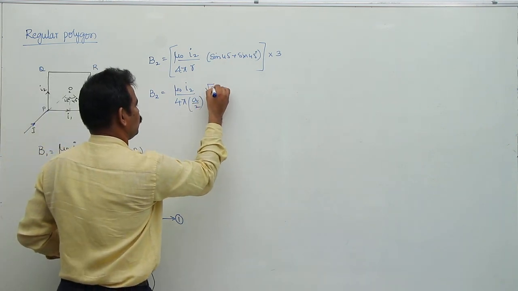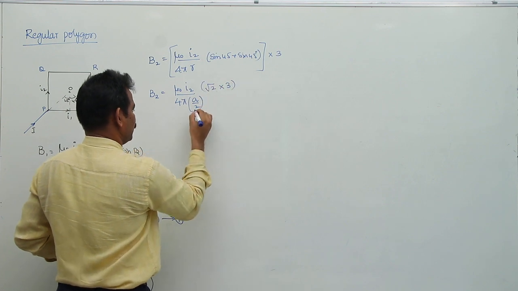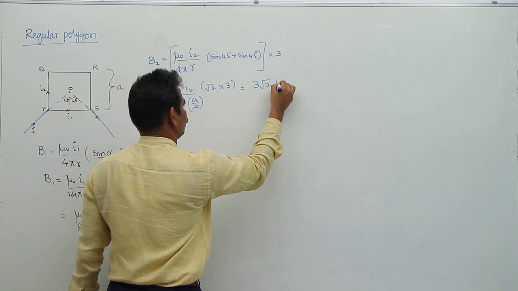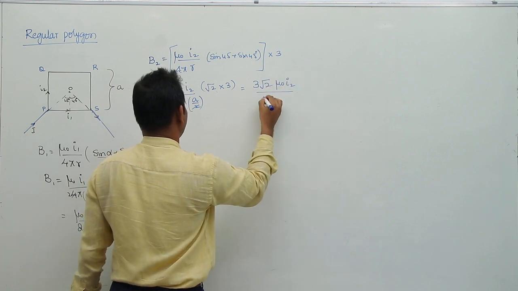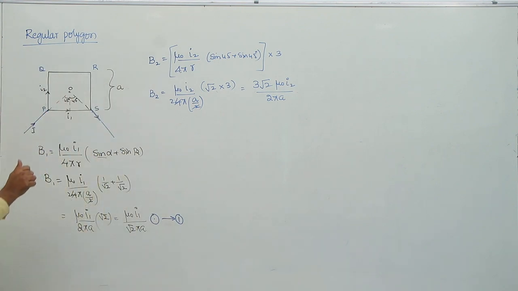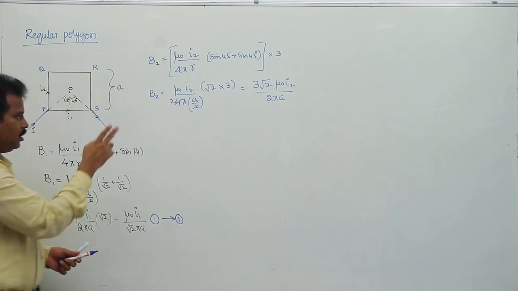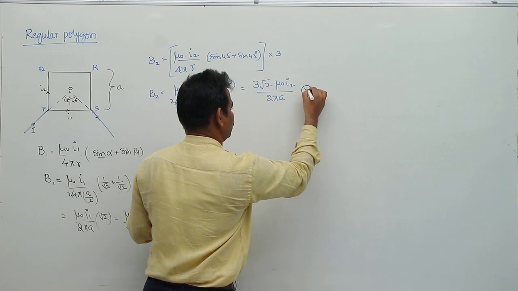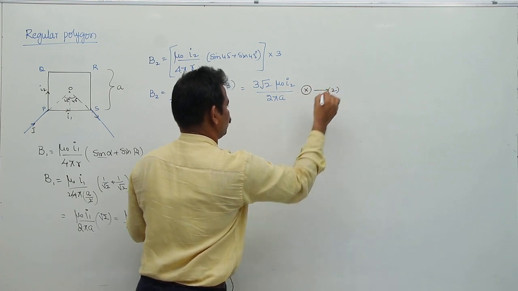So this is root 2 into 3. You can cancel these two. This will be 3 root 2 mu naught I2 by 2 pi A. But what is the direction of current here? It is going up here. Due to this the field is inside. So for all these, the magnetic fields are acting inside. So this is equation 2.